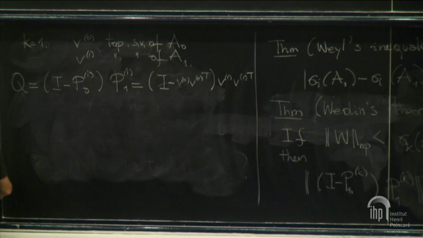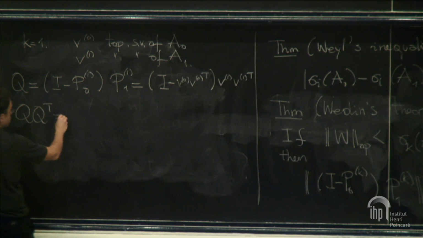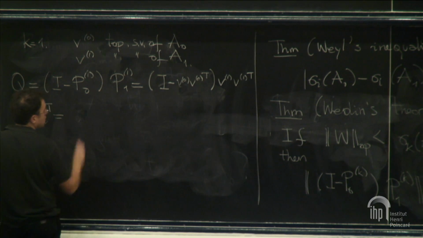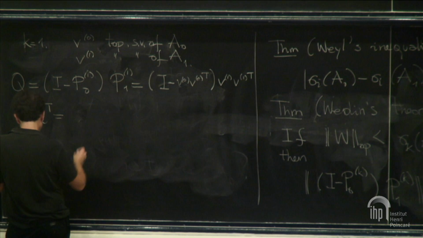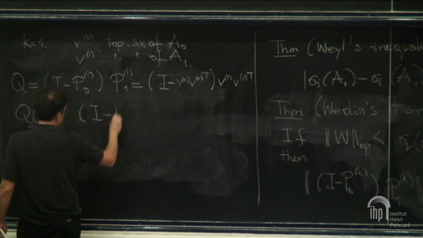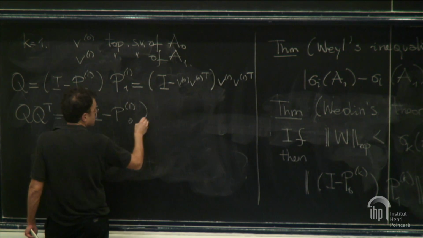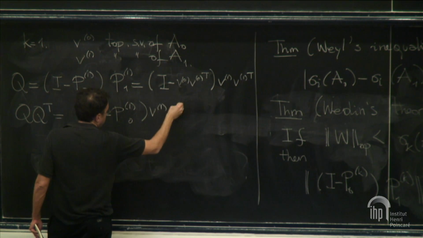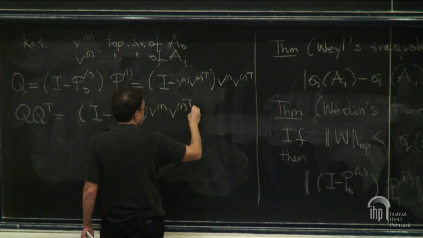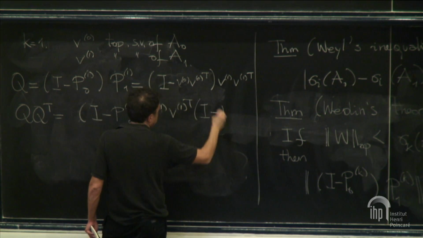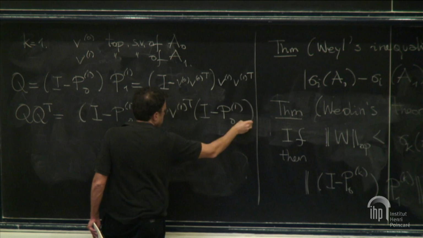Okay, so if I compute Q Q transpose, this is just 1 minus P0 times V1 V1 transpose times 1 minus P0.